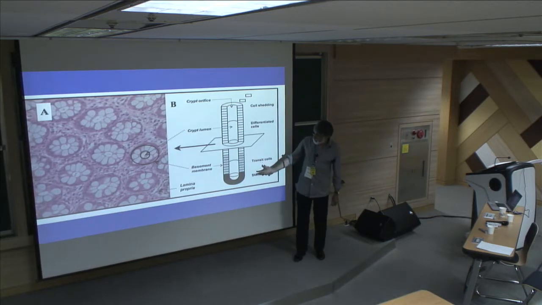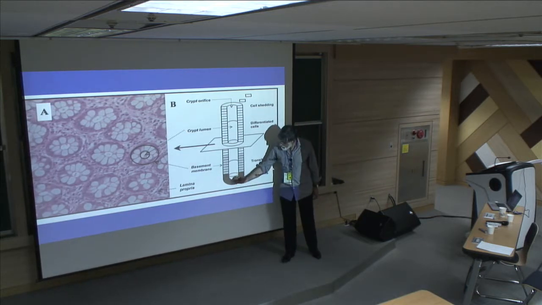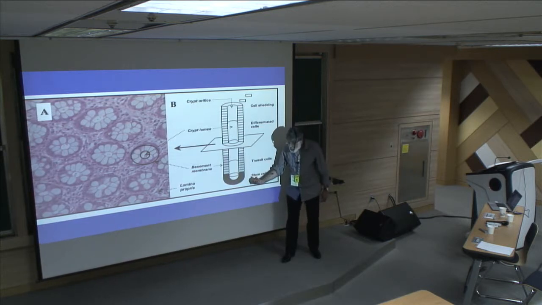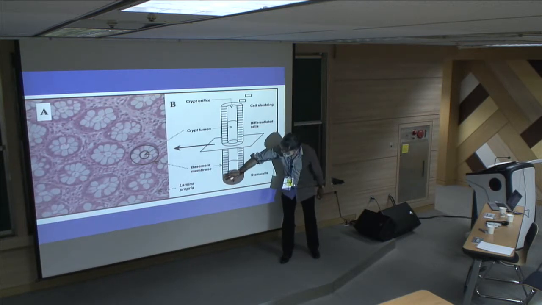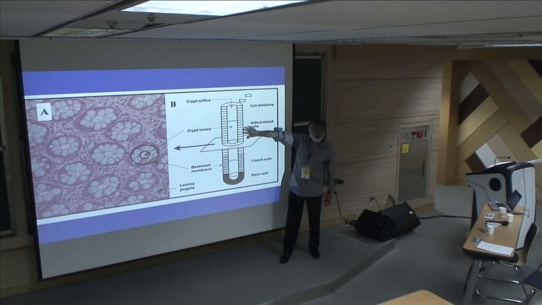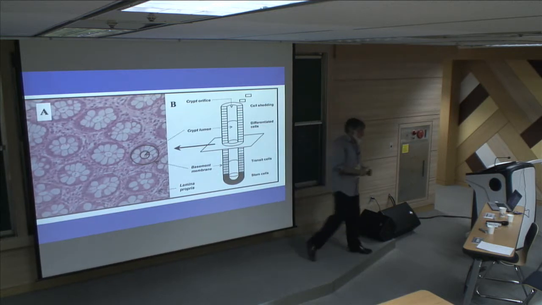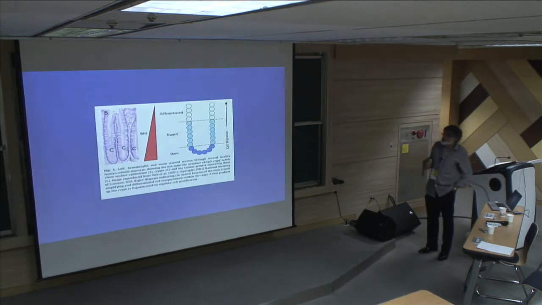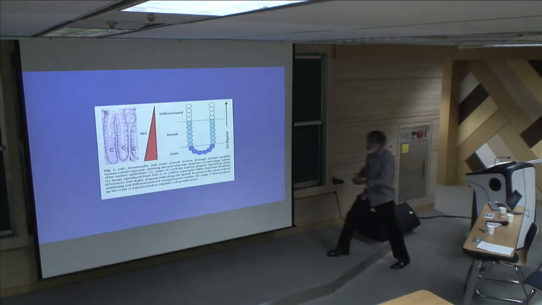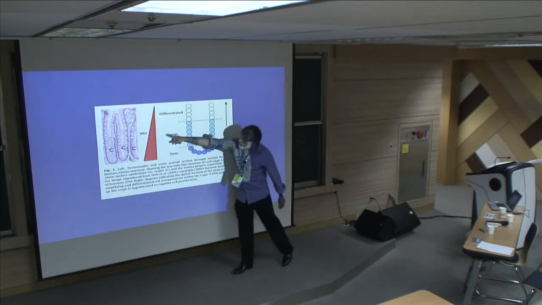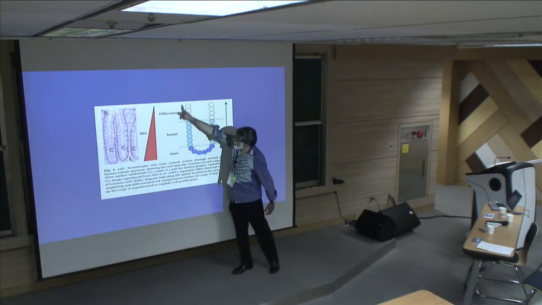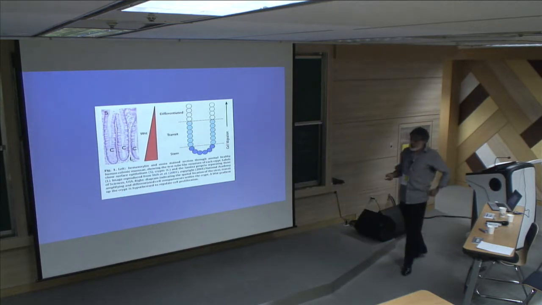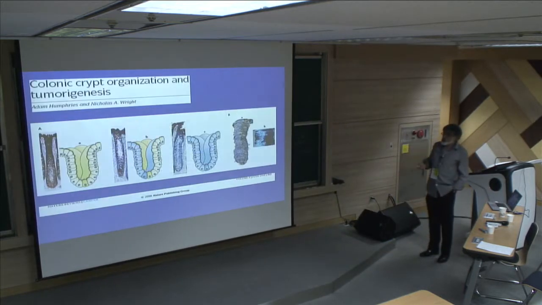And what's thought is happening here is that as these cells are dividing, the population pressure causes a wave to move up. And so these are being renewed all the time. Okay? And what also happens is there's a gradient of Wnt along the side here, and that's controlling the cell division.